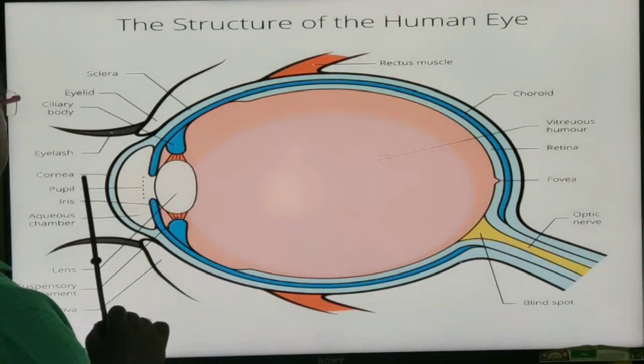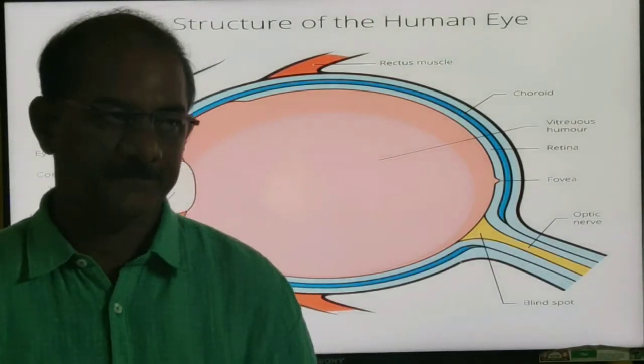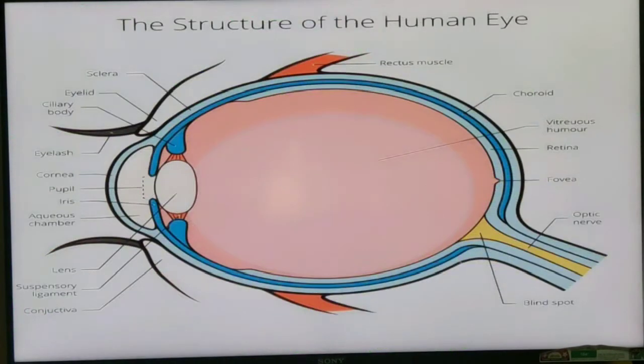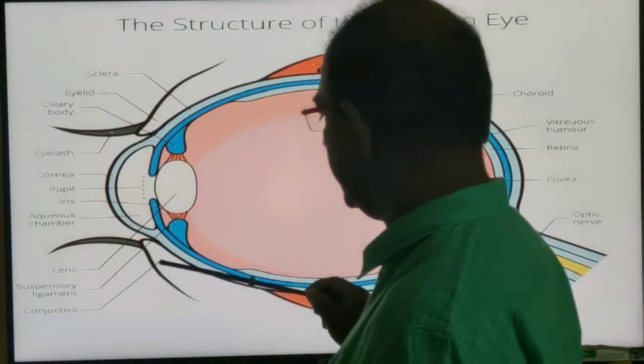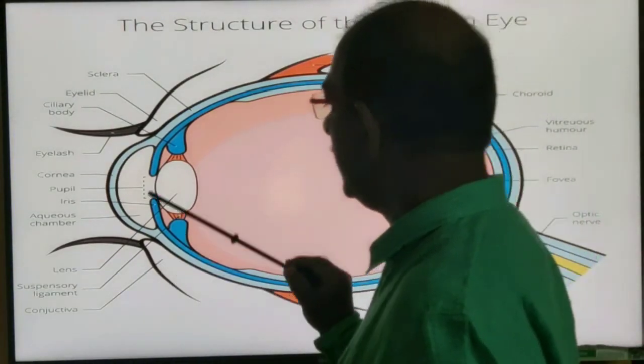Then inside this, the cornea is present, and the cornea is thin, transparent, bulging outward, and externally covered by the conjunctiva. This conjunctiva is continuous with the skin.